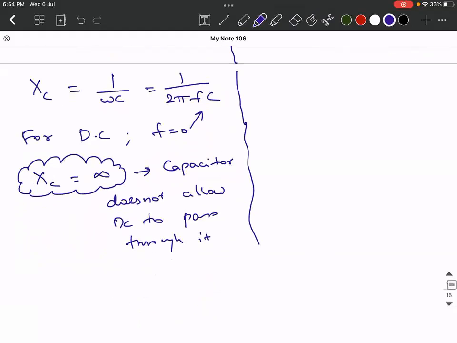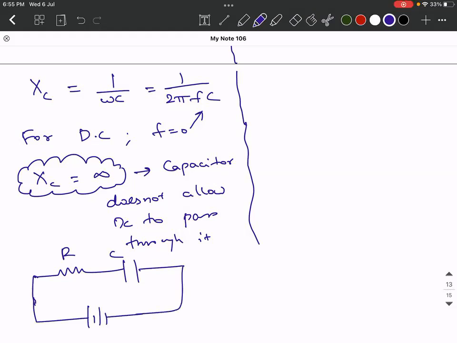So if you have a circuit like this, resistor and capacitor connected across a DC source, and they ask you what is the current through this, the answer will be 0 because they both are in series. Wherever series comes, current should be the same. So the resistor maybe will allow, but the capacitor will not allow DC to pass through it. So this becomes like an open circuit. There is no use of having this kind of circuit. It will not work.